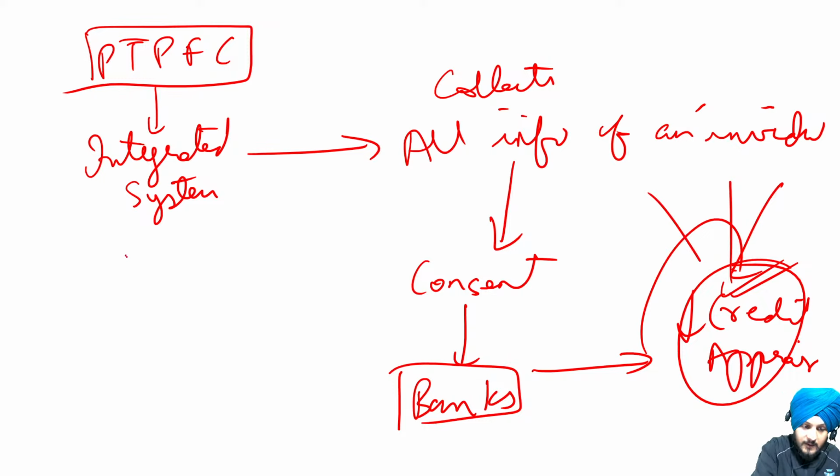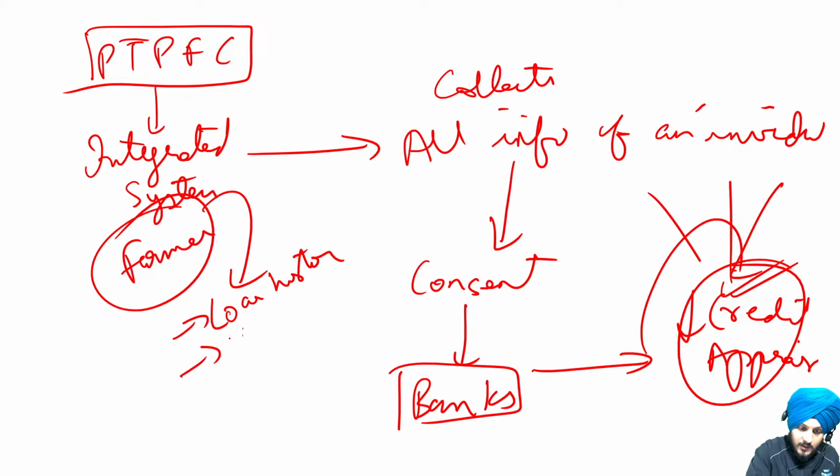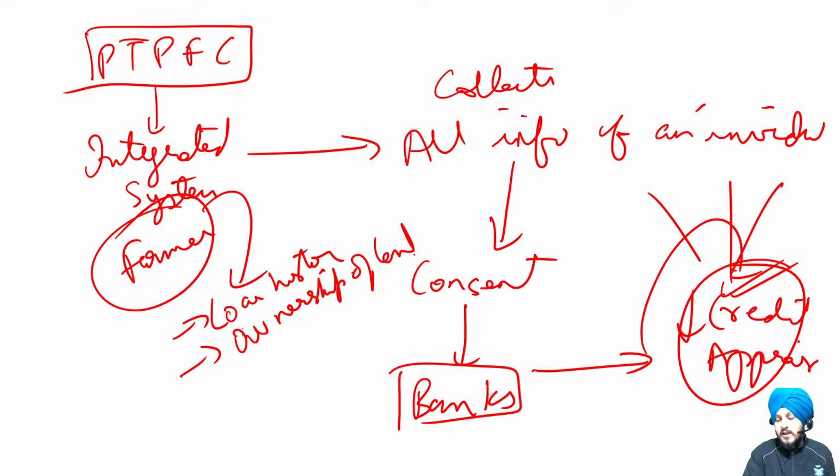So for example, if a farmer is applying for a loan through his digital credit card, then the bank would need multiple pieces of information. For example, the loan history of that farmer. It may also need the information regarding the ownership of the land that the farmer is using as collateral, and other such information.